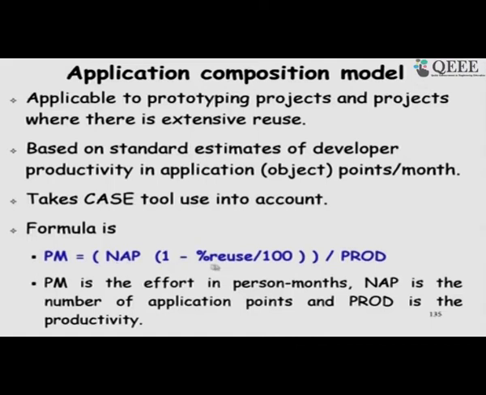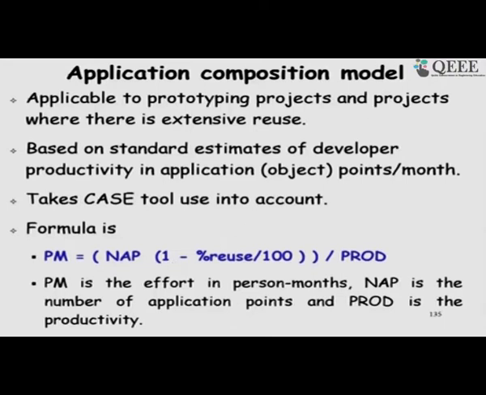And then how much of the code we are using? Is it that we are just using a customization, 90% we are just reusing and only 10% we are writing? So, then the number of application point into 0.1.